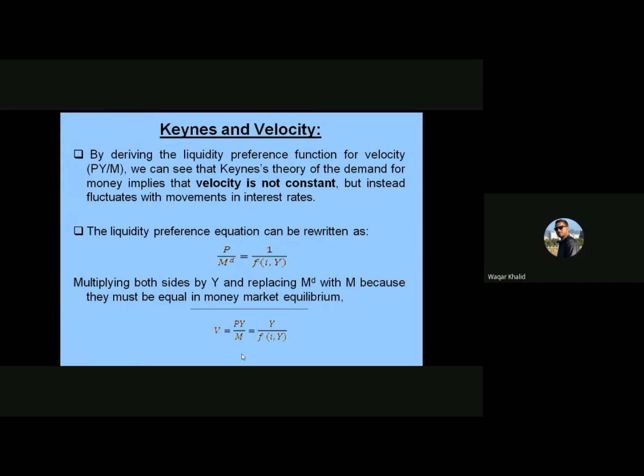So we can write V is equal to PY divided by M, which is equal to Y divided by f(i, Y), because we are multiplying Y on both sides of the equation. And you know that PY by M is known as velocity. It means that in Keynes' liquidity preference theory, we can write velocity as V is equal to Y divided by f(i, Y).